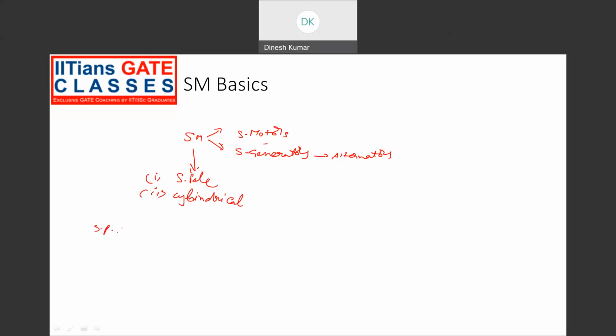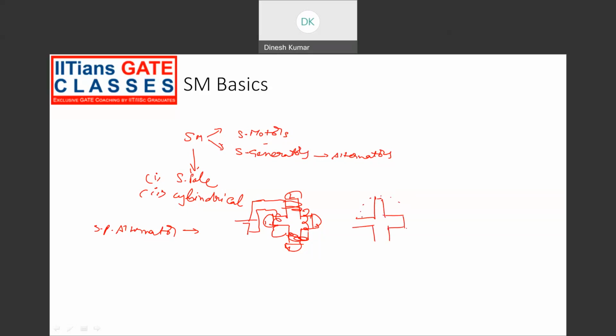See the salient pole. Constructions like this.